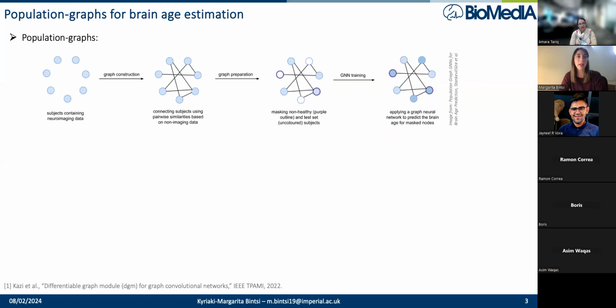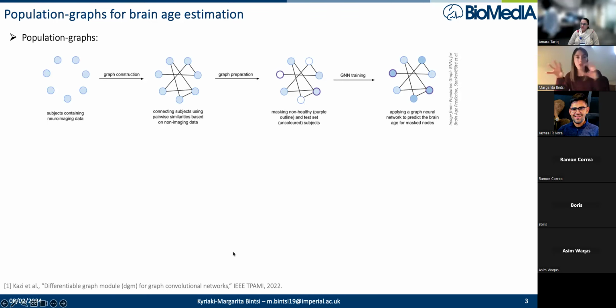Recently in the literature, population graphs along with graph neural networks have been used for different medical tasks. I will explain shortly what a population graph is. In a population graph, every person, usually every subject, is one node. And the imaging information are usually the node features.